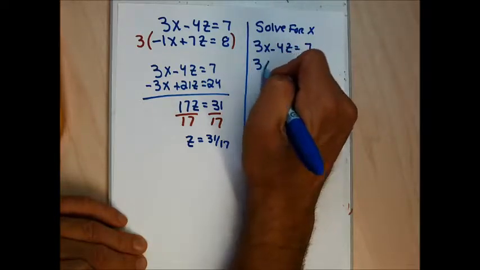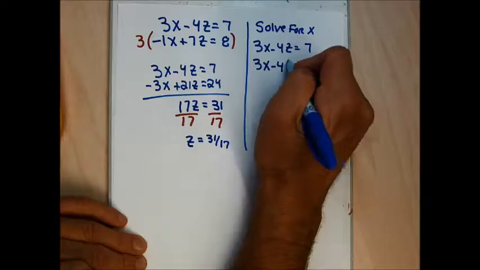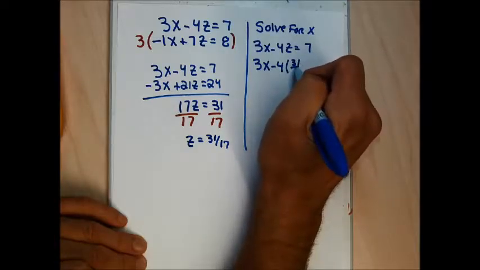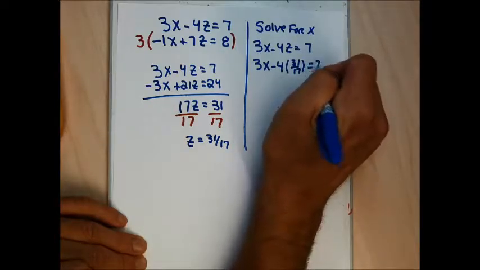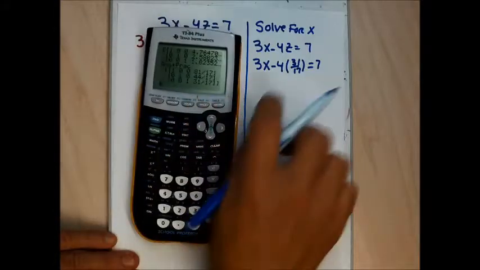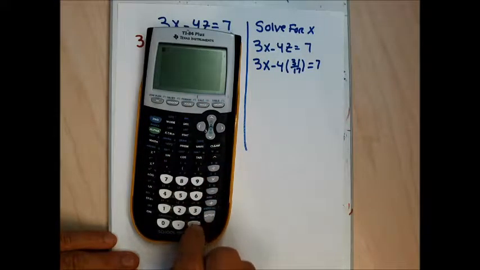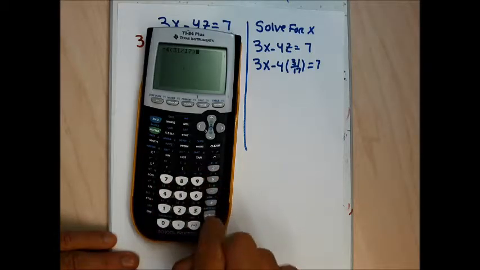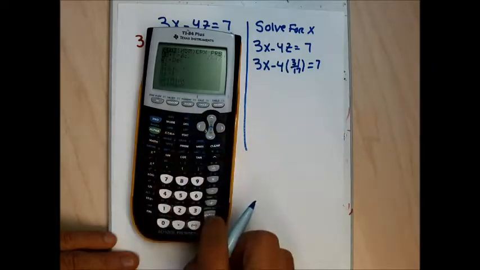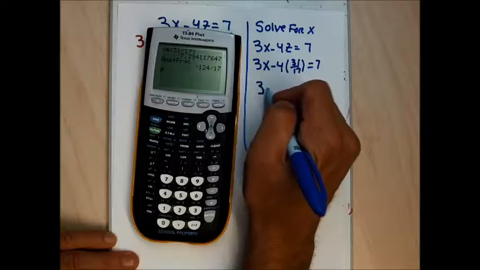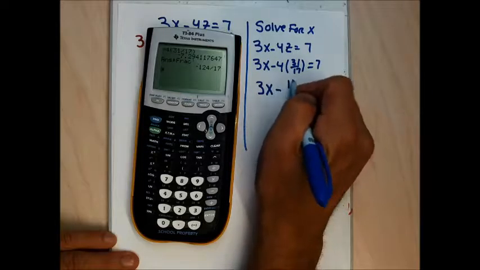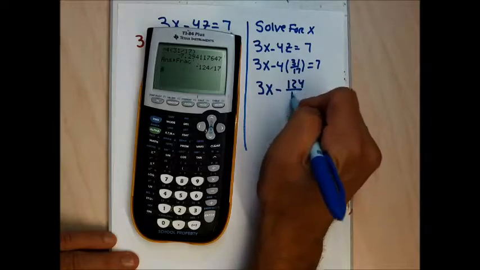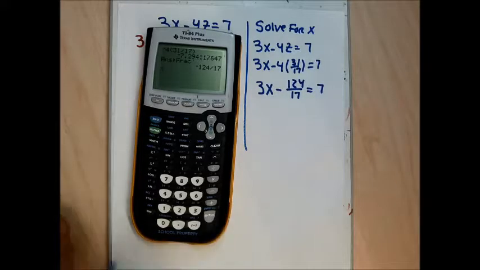And in for the z, I'm going to plug in 31 over 17. When I get to these calculator problems, or fraction problems, I break out my calculator. First multiplication I need to do is negative 4 times 31 divided by 17, and math, enter, enter. This is going to give me 3x minus 124 over 17 equals 7.